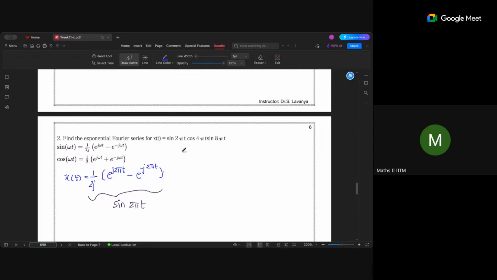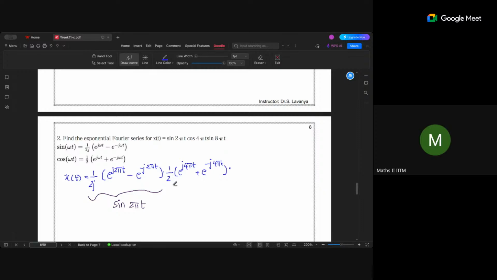So for the next term, cos 4 pi t, you have to write 1 by 2, e power j, now omega is 4 pi, so e power j 4 pi t plus e power minus j 4 pi t, right?